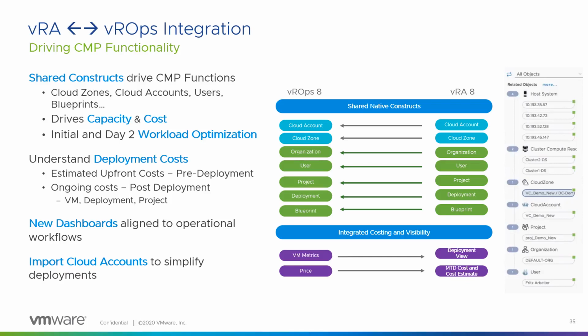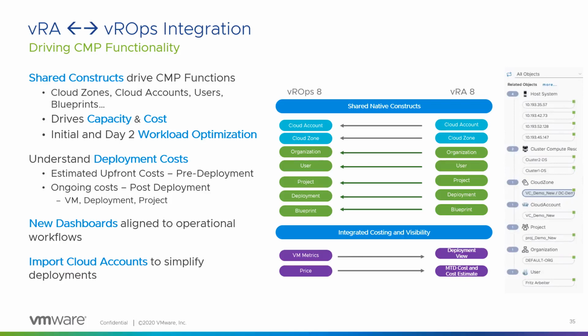So things like Cloud Account, which I mentioned earlier when I was talking about adding VMC or AWS and Azure, we now call those Cloud Accounts. So that's your connection to your various clouds. That's what it was called in vRealize Automation, and it's called the same now in vRealize Operations. You have other things like cloud zones.